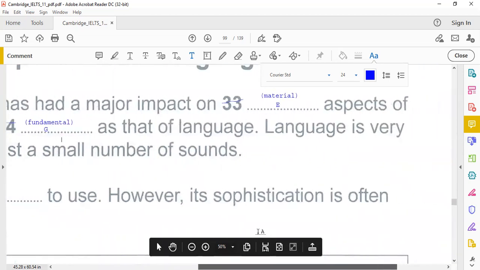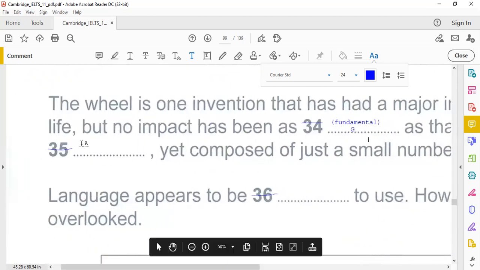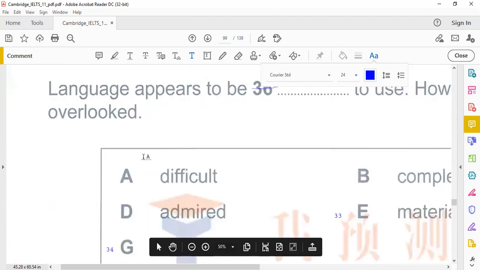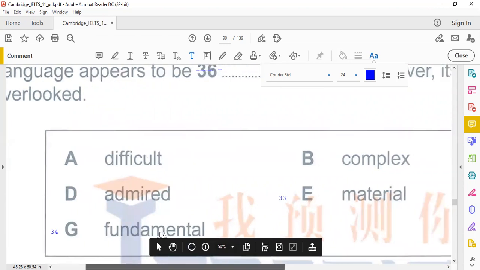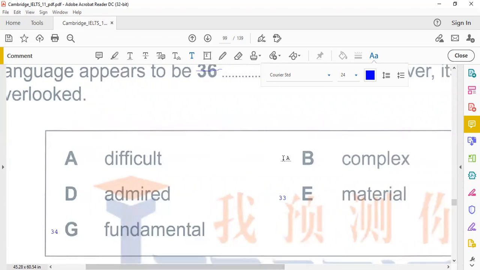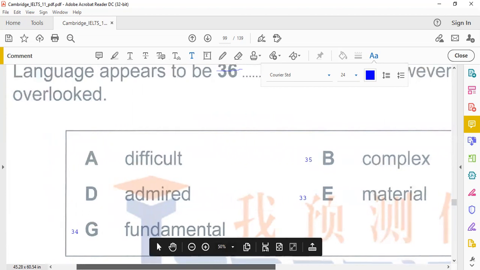Language is very what? Language is very complex. Okay, in the passage it is written complex. So you should write this for 35. These words may not be the exact word, but they may give similar meanings.